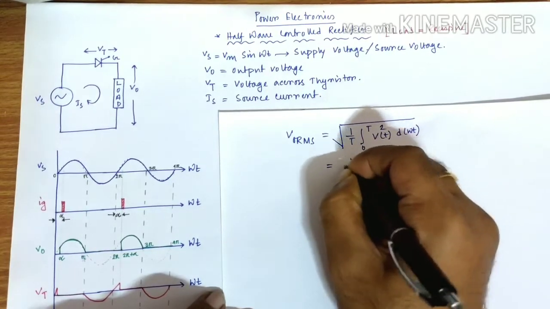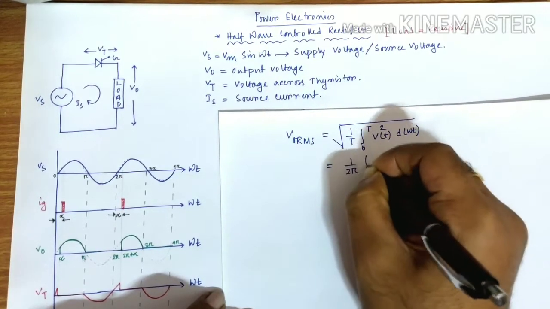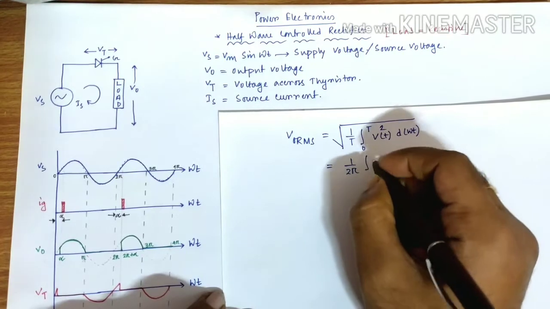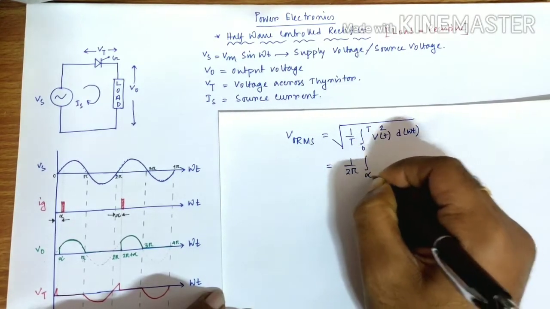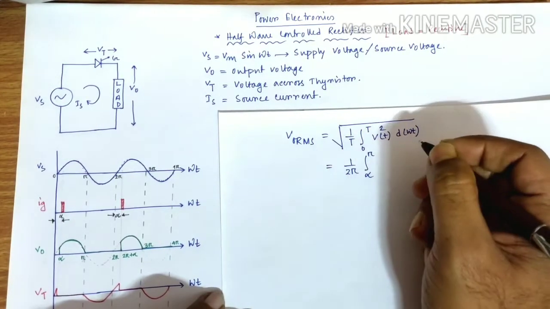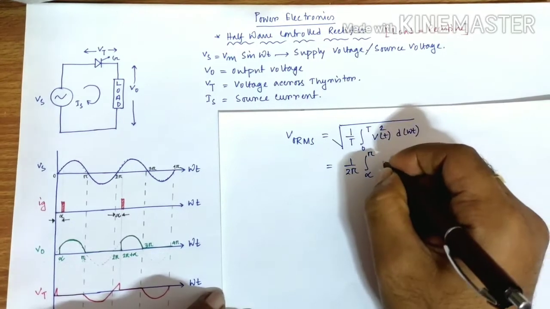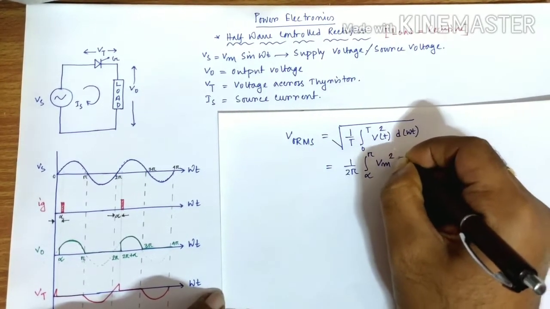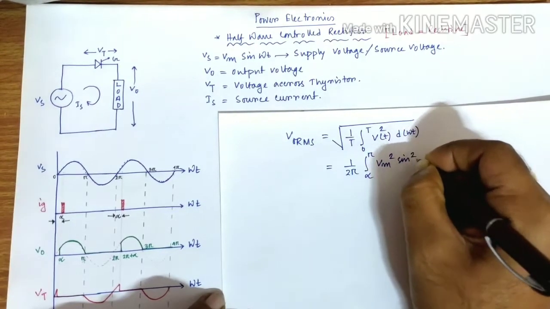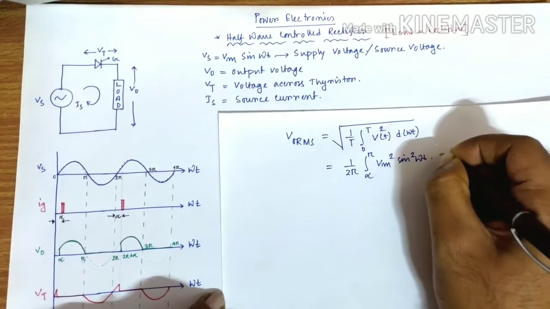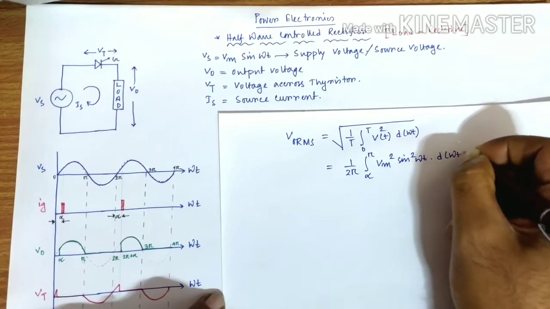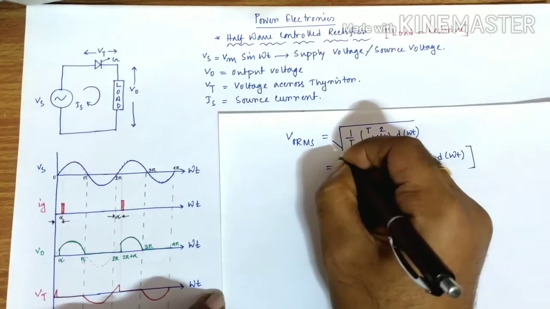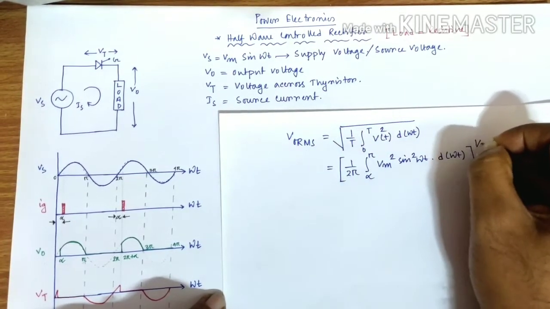Now do the calculation once again. T here is 1 by 2 pi. We will get the output during alpha to pi transition only. The value of Vt here is Vs. Vs is Vm sine omega t, so Vm square sine square omega t into d of omega t, root over half.